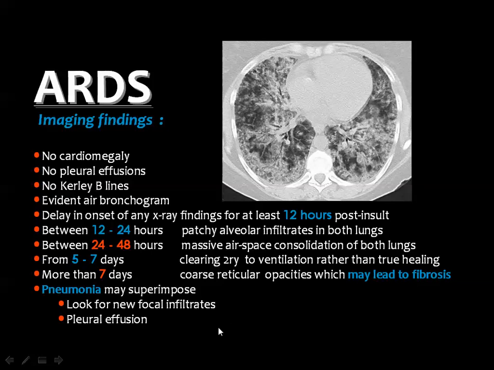Then the patient may have a superimposed pneumonic consolidation, and this is judged by the presence of new opacities in the lung and the presence of pleural effusion. These two issues may indicate that the patient has been subjected to a superimposed infection.